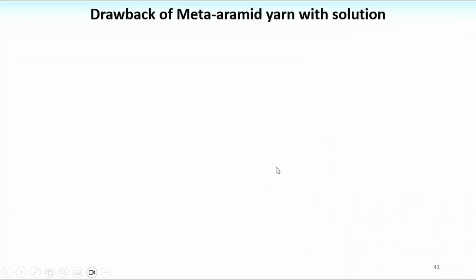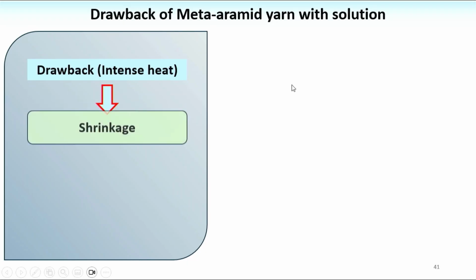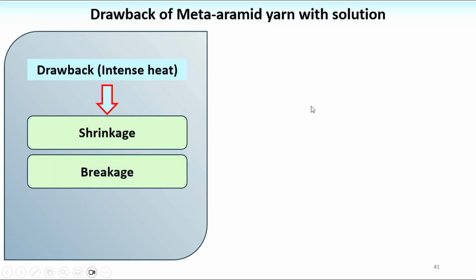The main drawback of meta-aramid yarn is in intense heat, it shrinks a little bit. So, there will be little shrinkage in meta-aramid fiber and it can break.